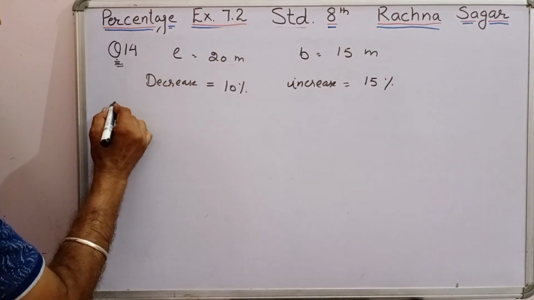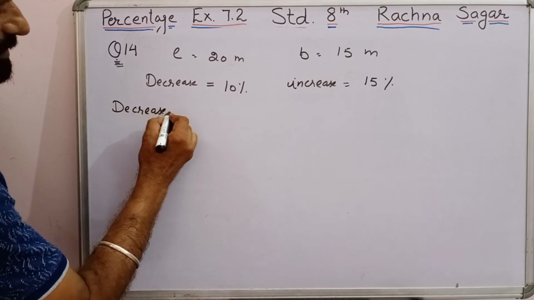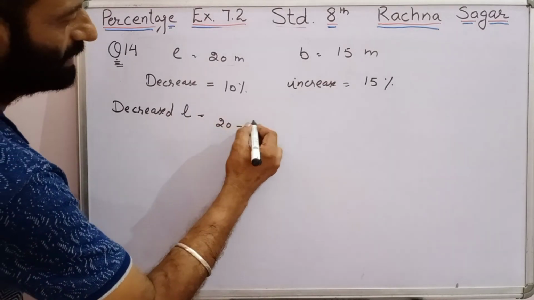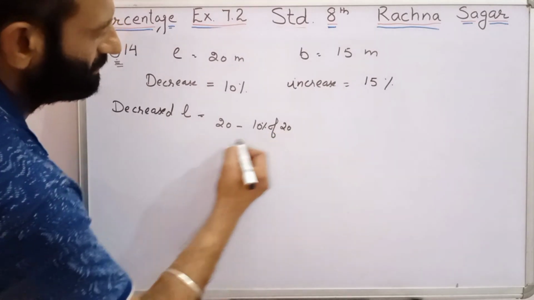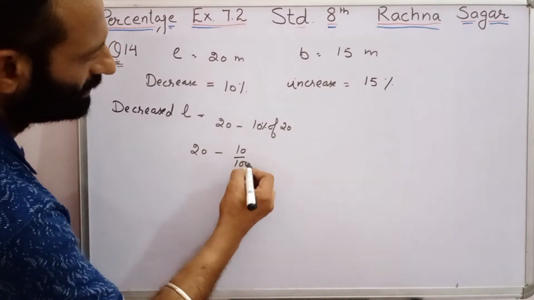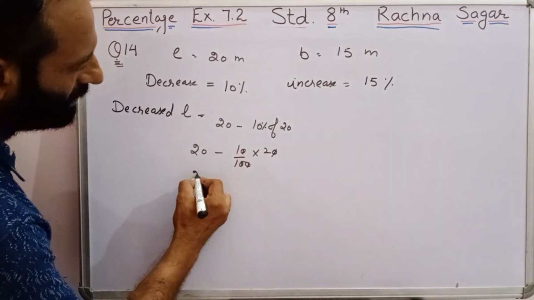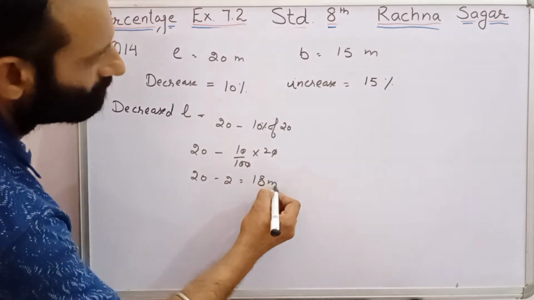Now decreased length of the plot is 20 minus 10% of 20, because 10% is decreased. 20 minus 10 over 100 into 20, that is 20 minus 2, it is equal to 18 meter.